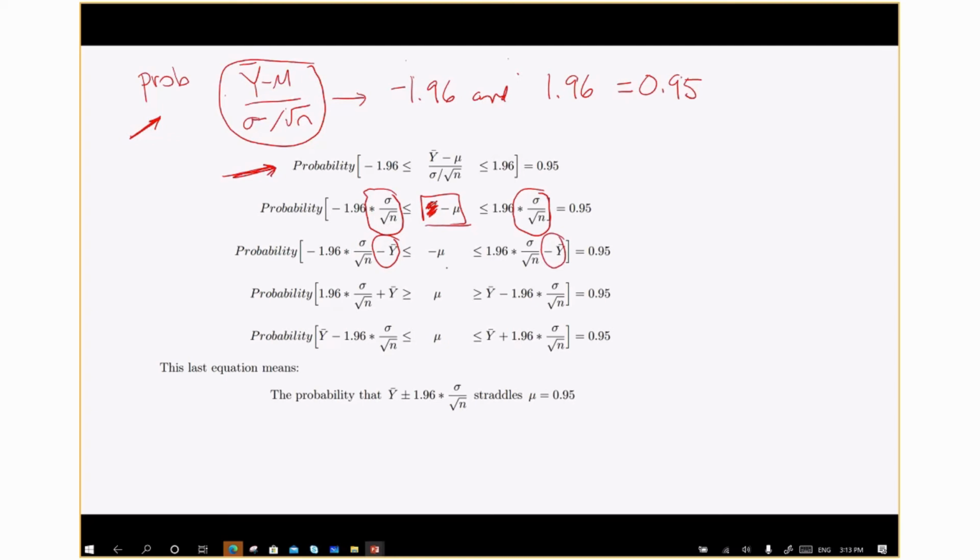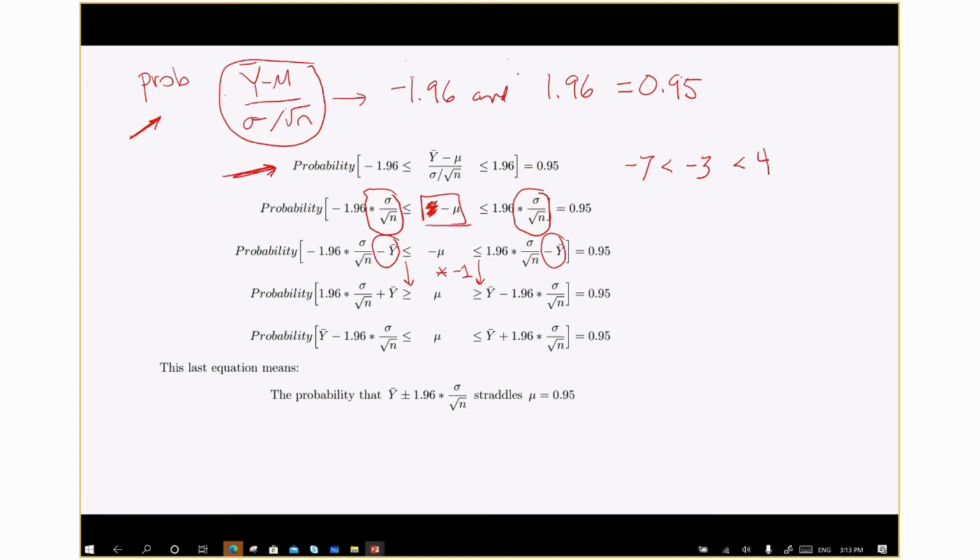In this next step, we're going to multiply all three components by the number minus 1. What that's going to do is flip these inequality signs. Now, that may seem a bit strange, so maybe I'll go over a quick example. Consider the following three numbers: -7, which is less than -3, which is less than 4.